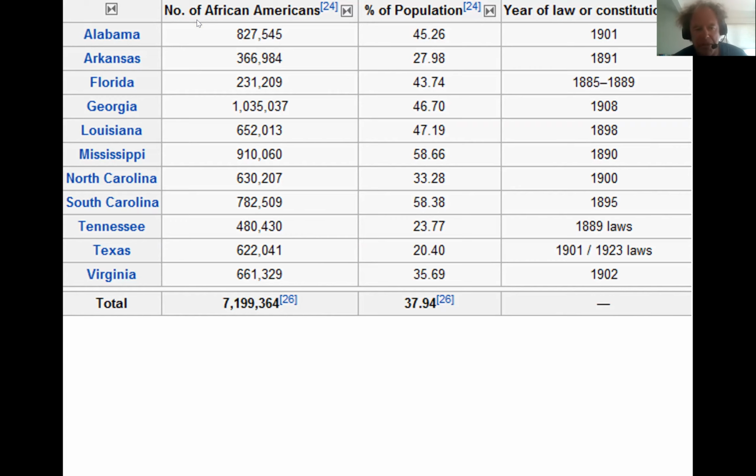So the numbers. In a state like Louisiana, the drop-off was almost complete. It was a 99% reduction in Black ability to vote there, so that by the end of the implementation of the Jim Crow Constitution, it was just over 1,000 African Americans out of a total population of 652,000 Blacks who were able to vote.